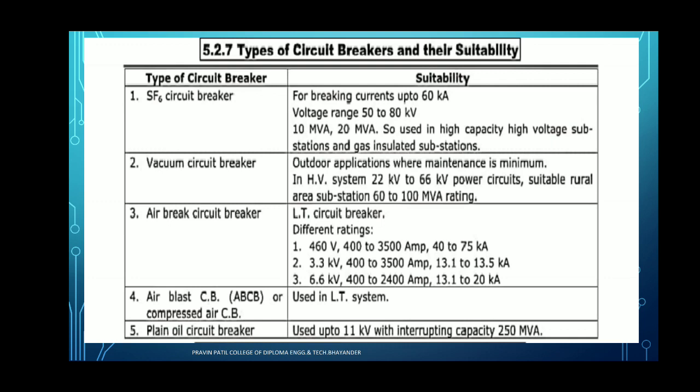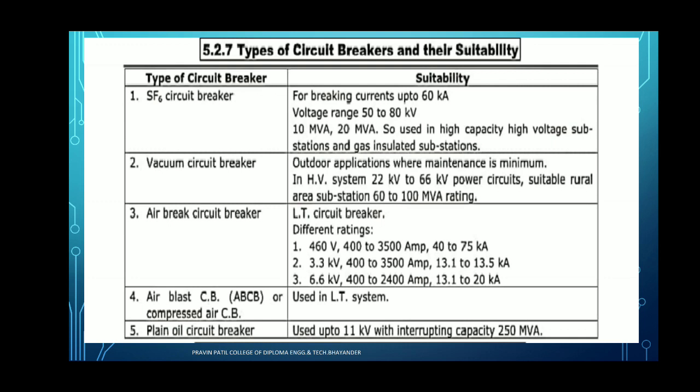SF6, sulfur hexafluoride gas, is the medium used to extinguish the arc between the contacts of the circuit breaker.